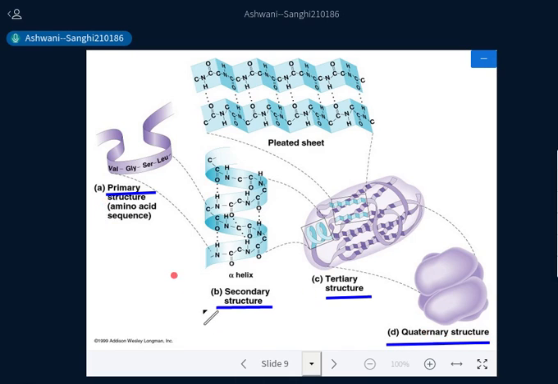Primary structure of proteins contains only peptide bonds, and the primary structure of a protein is the amino acid sequence.